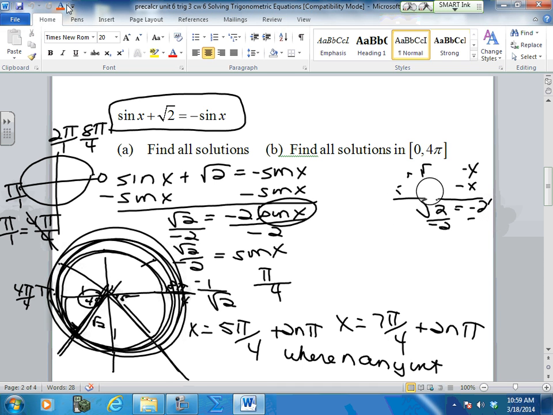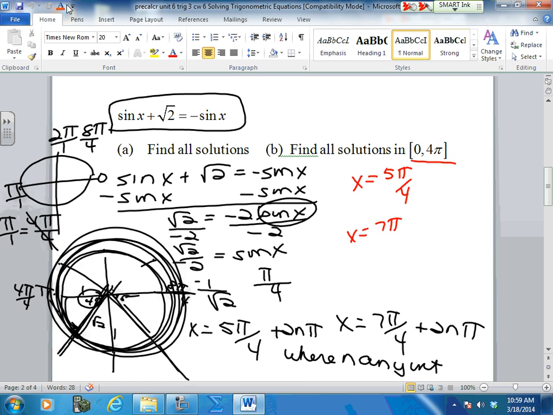Now we've got another little thing here. We want to know what the solution is between 0 and 4 pi. Okay, now we're going to start like this. Now I just want you to think out loud a second.